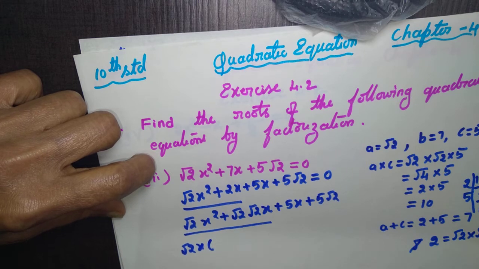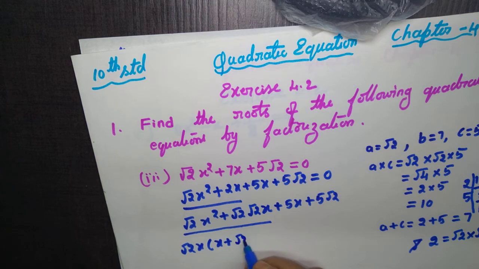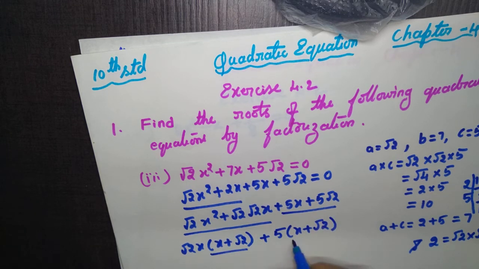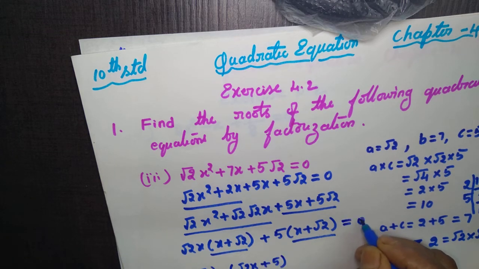What will remain in the first term? x. In the second term, root 2. Then in the last two, what is common? 5 is common, that is x plus root 2. Again, you can take x plus root 2 as a common factor: x plus root 2, and one more factor, root 2x plus 5, that is equal to 0. Then what are the roots here?